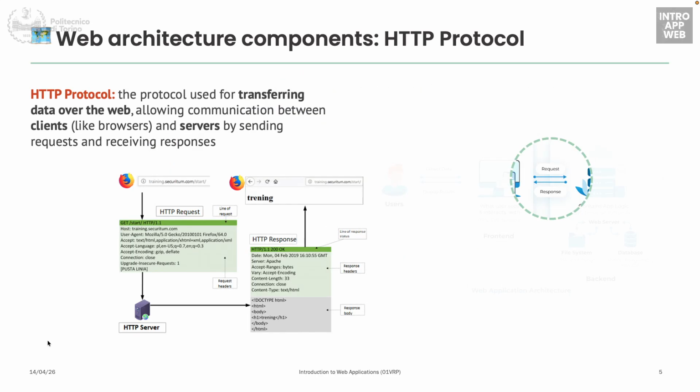So I don't know if you remember this slide, this graphic. It was about an HTTP request, right? In this HTTP request, I don't know if you can see, but here we have a GET. What does this GET mean in this request? That we are asking something from the server.